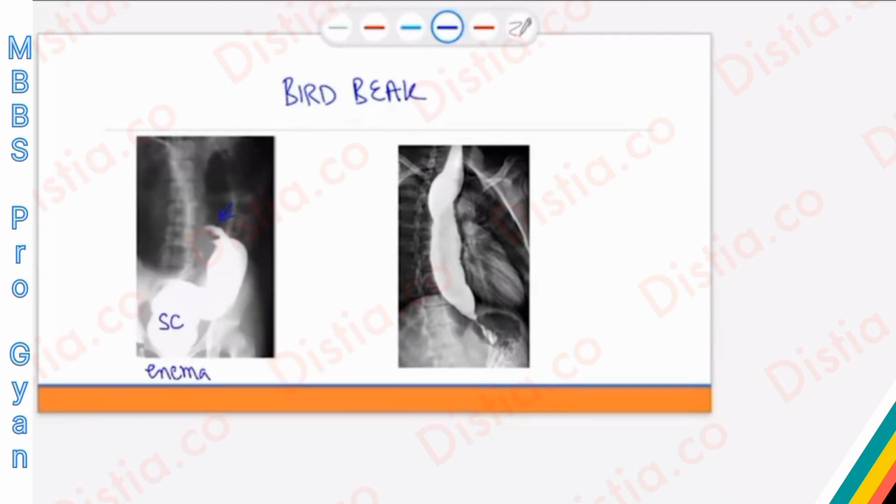So the diagnosis in this particular case would be sigmoid volvulus. Though traditionally in sigmoid volvulus, he can also give you an X-ray abdomen which will show a coffee bean appearance, that may not be appreciated all the time. So a contrast study will definitely do the job for you, or you can do a CT abdomen also.